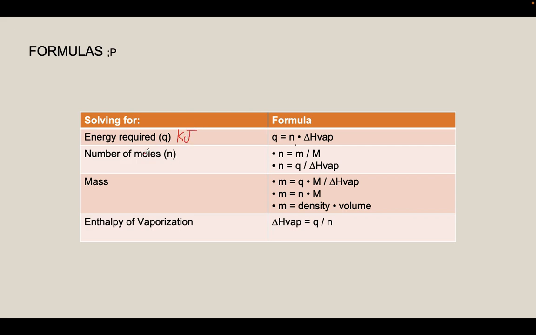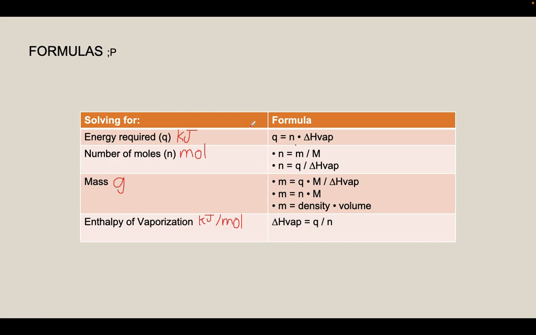If it's number of moles or amount of moles in a substance, that's n, in which we use mole. For mass, it's grams. For enthalpy of vaporization, that'll be kJ per mole, right? Kung mali, edi alam niyo na yung tama, huwag niyo nang gayahin.